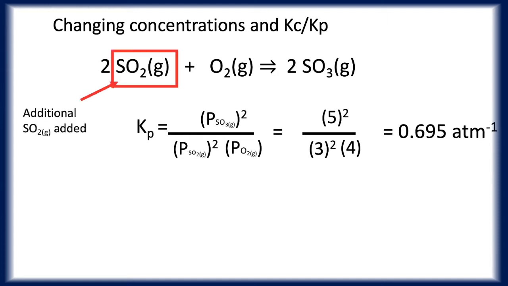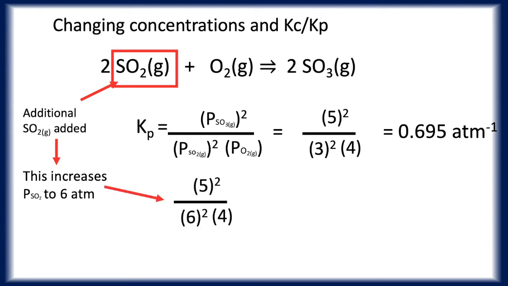So now let's say I'm going to add in some SO2. So it's reached equilibrium. Kp's at 0.695. Everybody's happy, and I come along and I add in some SO2. And it increases the partial pressure of SO2 to 6 atmospheres.